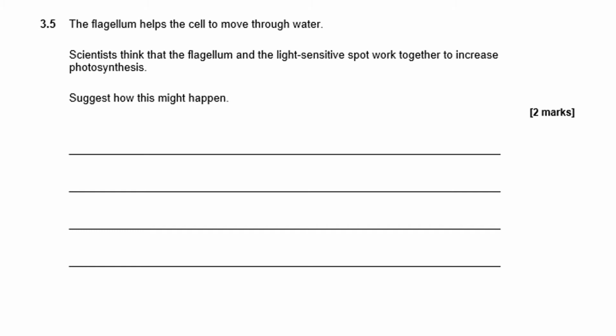If you said that more light means there's more photosynthesis, or words to that effect, that also would be worth a mark, but it is a maximum of 2 marks. So the flagellum helps the alga move. The light-sensitive spot is obviously sensitive to light, so it causes it to move towards the light, so it has more photosynthesis.